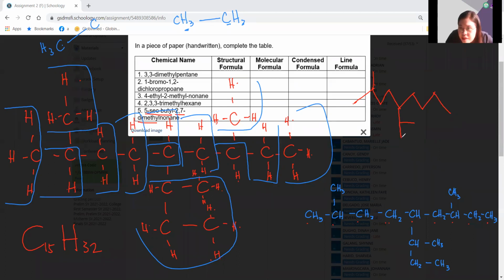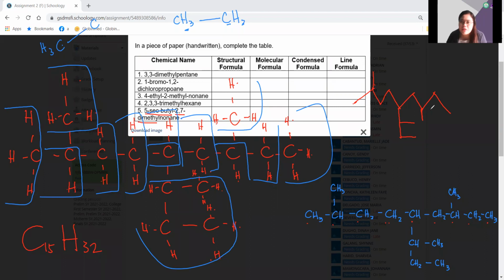We will have the CH2 sa baba, and then another CH3. So that is the sec-butyl. And on carbon number 7, 5, 6, 7, we have a CH3 here. Okay, so linya na lang siya. So no need to really write the CH2, CH3 or the methyl, kasi again, lahat naman sila carbon. So this is now the line formula.